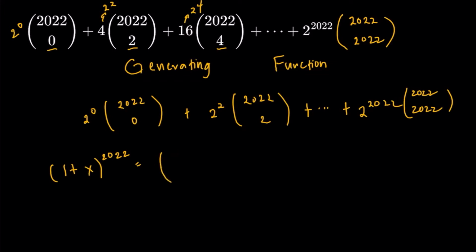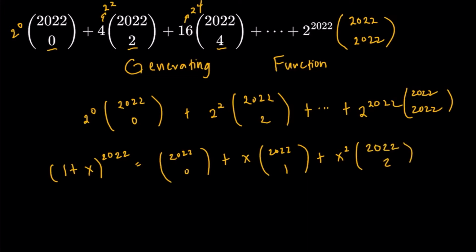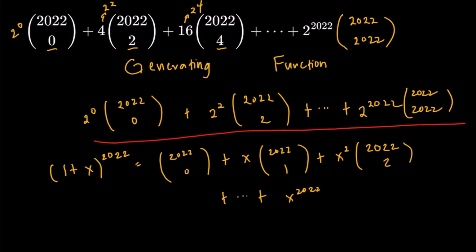So it's just going to be 2022 choose 0 plus x times 2022 choose 1 plus x squared, and so on. If I were to really expand this with the binomial expansion, I will get something like this. So we're going to use this to help us reach this sum, because this is similar, not exactly the same, but very similar. And then we're just going to do some manipulation to generate that sum.